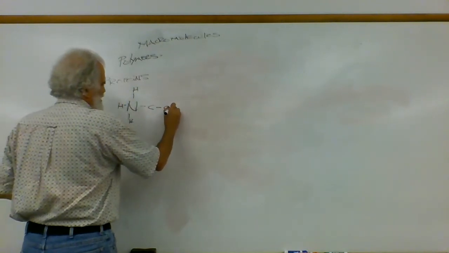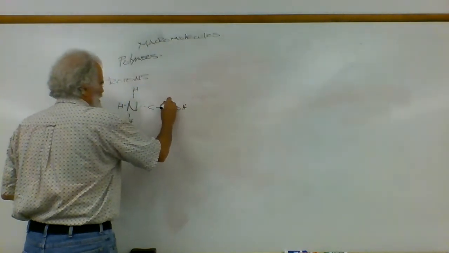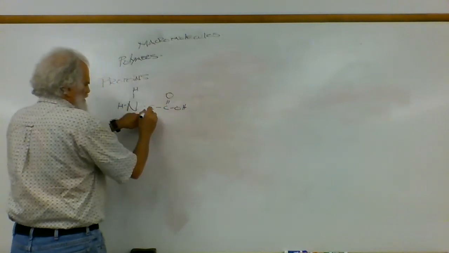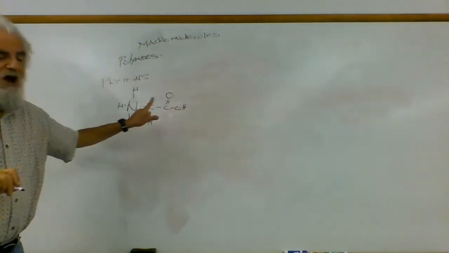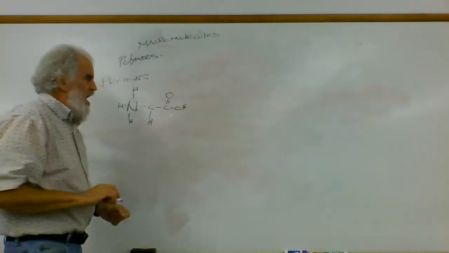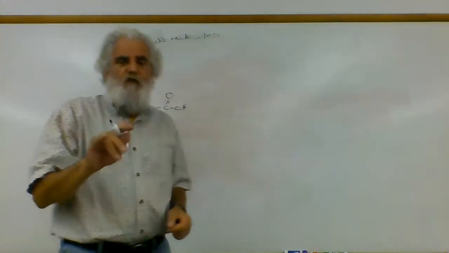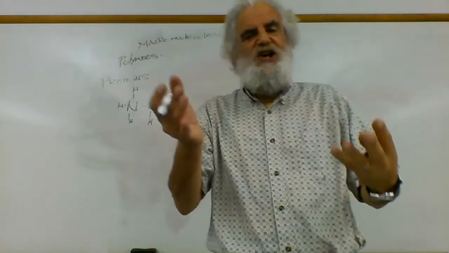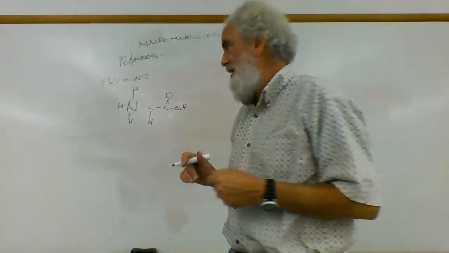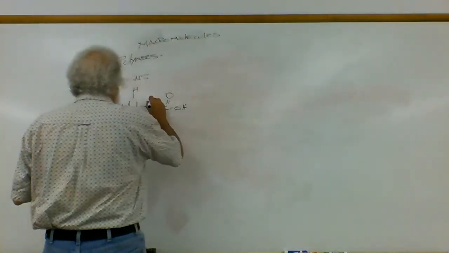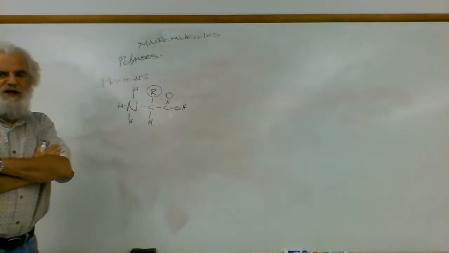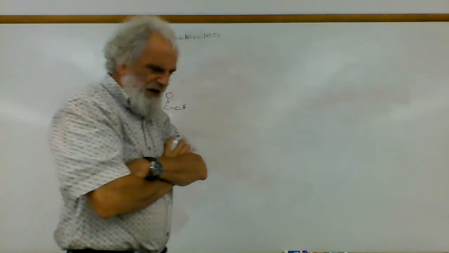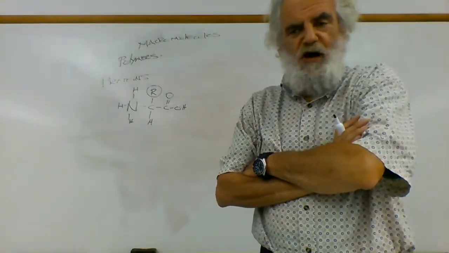and then a central carbon and the carboxylic acid. Now on this central carbon, there is one of 20 different side chains known as R groups. And so we generally just write this as R. Now, if you have friends that are taking biochemistry this semester, they're having to memorize all 20 R groups.